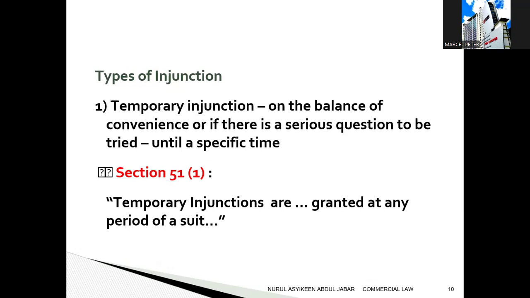It is written under Section 51, subsection 1 of the Specific Relief Act, SRA 1950. It is usually granted when there is a serious question to be tried or when the balance of convenience favors one party. This injunction can be granted at any stage of a lawsuit, and it only lasts until a specific time or until the case is decided.